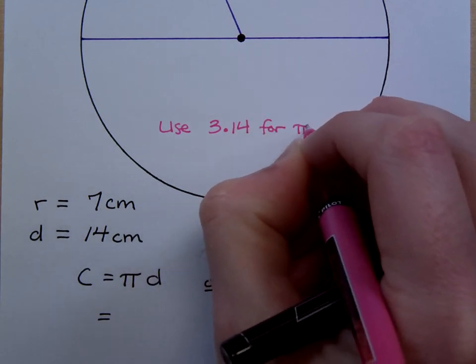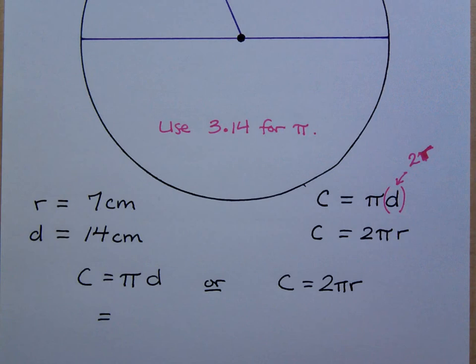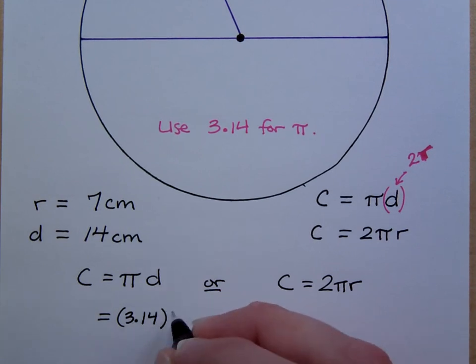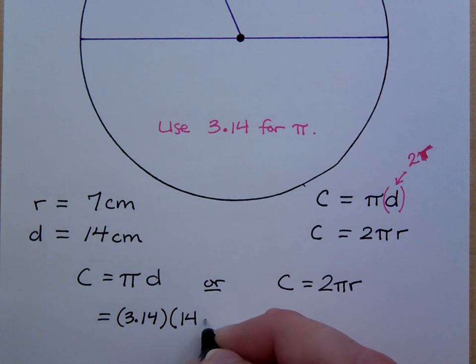That's going to be all the accuracy that I'm going to ask of you. Okay? Use 3.14 for pi. So here, I'm just going to write in 3.14. What's my diameter? 14 centimeters.